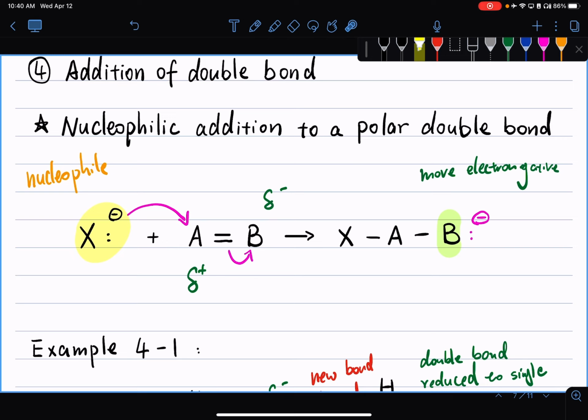When we say electrophilic, it probably connects to an electronegative atom, making this double bond a polar bond. At the same time, this double bond is being reduced to a single bond. So again, it's a complicated process. We're forming a new bond, breaking a double bond, reducing it to a single bond, and we have a new lone pair that's transferred onto the electronegative atom. So this is called the nucleophilic addition to a polar double bond.